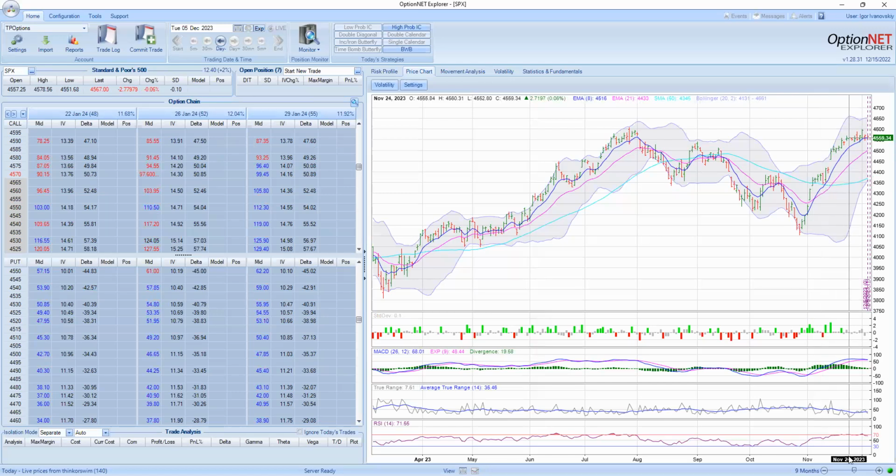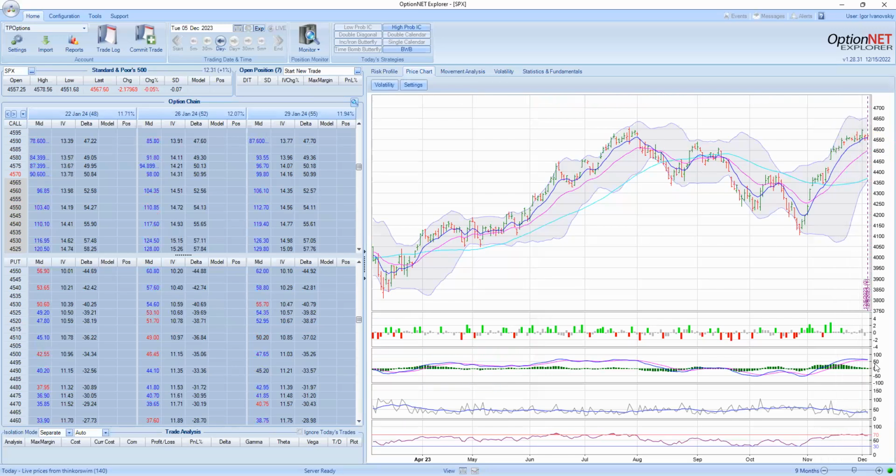And the reason why, not only because I'm already holding a couple of positions that have short delta in them, but also looking at the couple of indicators that I like to look at. For SPX, we have RSI at 67. So it's not screaming overbought, but we have been overbought for some time, and we're just kind of working off those overbought readings.